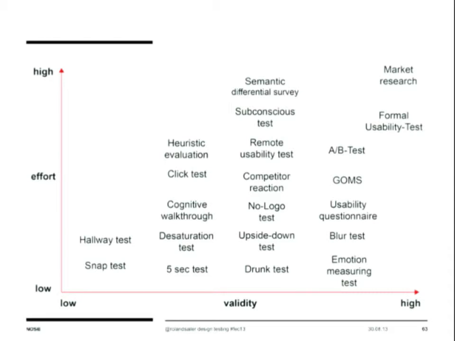So we have classic usability things, and we have very simple tests like the snap test or the 5-second test. My point is, whenever you test or have to test or want to test, you should test always. You know about Agile, demo and test every week.